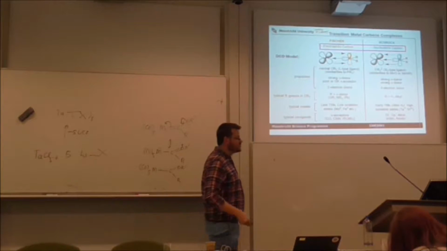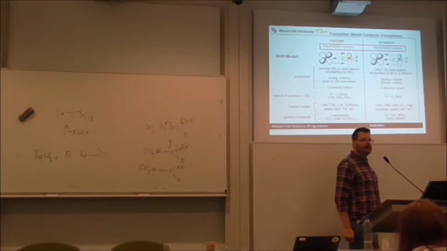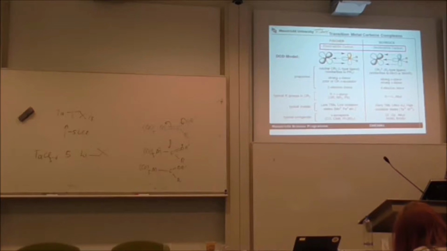So here are some characteristics of Fischer and Schrock carbenes and their differences. Typically in a classical Fischer case, we have a heteroatom attached to the carbene carbon atom. We don't have that in the Schrock case. In the case of a metal carbene complex of the Fischer type, the carbon atom of the carbene tends to be electrophilic. This is an important distinction. And in the Schrock case, it tends to be nucleophilic, right?